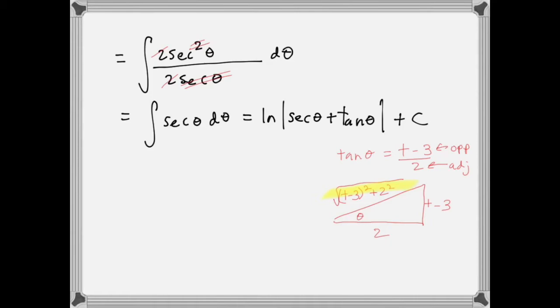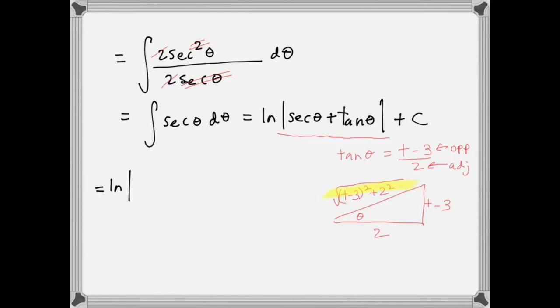So we have the natural log of, what would secant be? Right now I'm trying to translate this using my triangle. Secant theta is, cosine is 2 over that radical, adjacent over hypotenuse, so I'm going to do hypotenuse over adjacent.